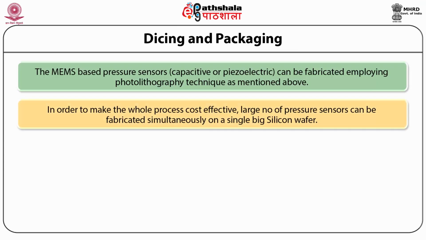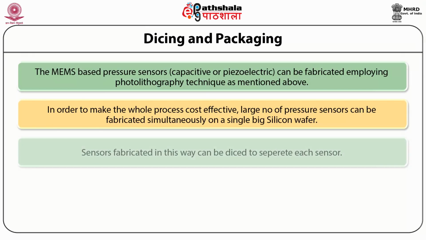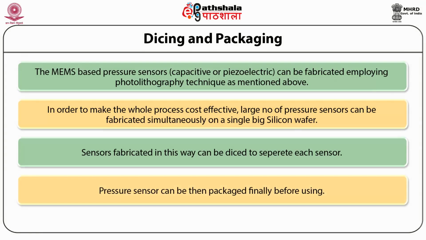In order to make the whole process cost effective, a large number of pressure sensors can be fabricated simultaneously on a single big silicon wafer. The sensors fabricated in this way can be diced to separate each of them. Pressure sensors can then be packaged and finally they are ready for use.